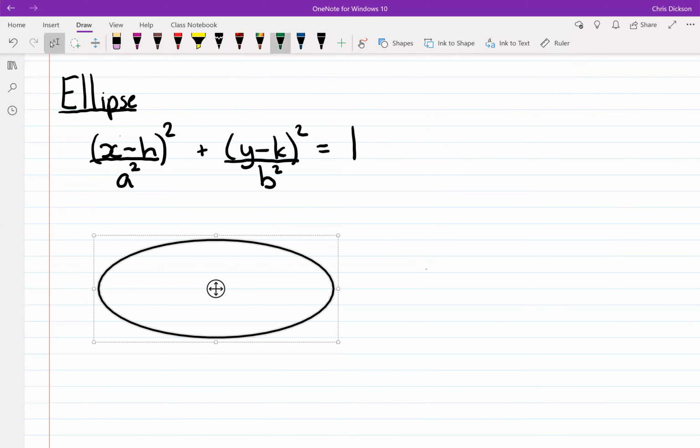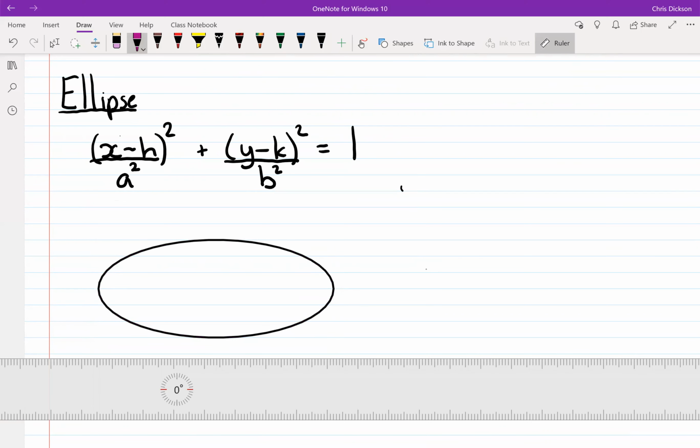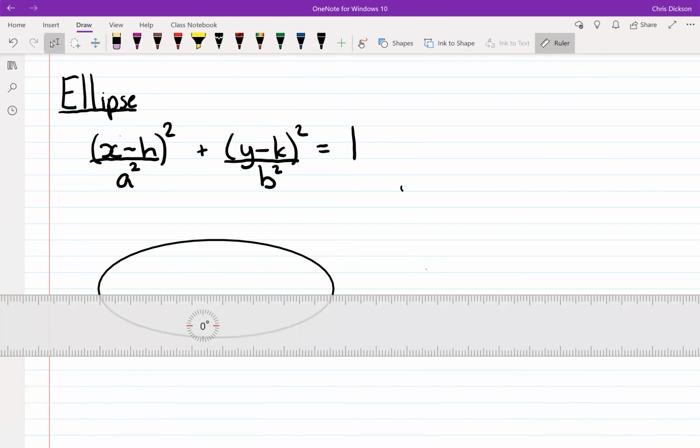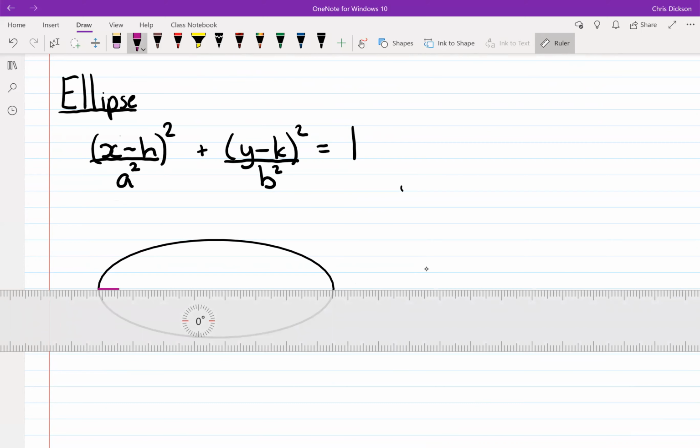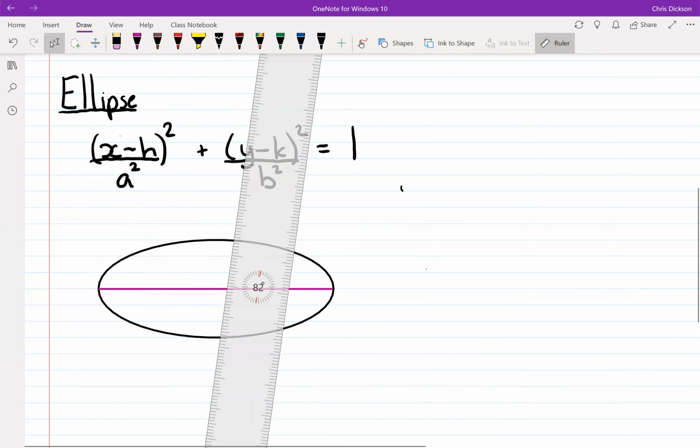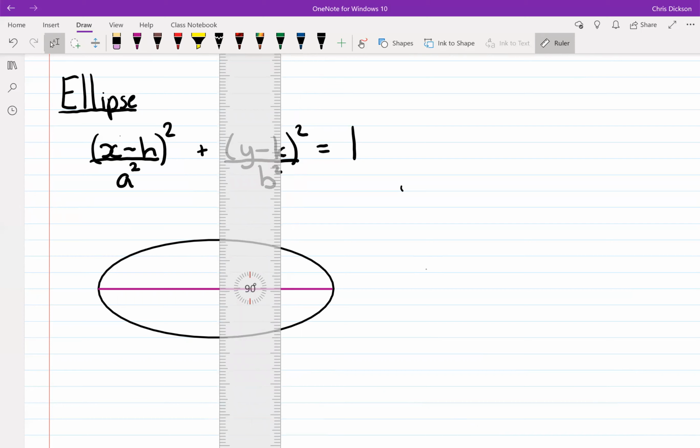Okay, so if the graph is longer in the x direction, running from one end to the other, we call that the long axis, the longest diameter, if you want to think of it that way. That's going to be our a distance. And then the longest distance in the perpendicular direction is going to be our b distance.